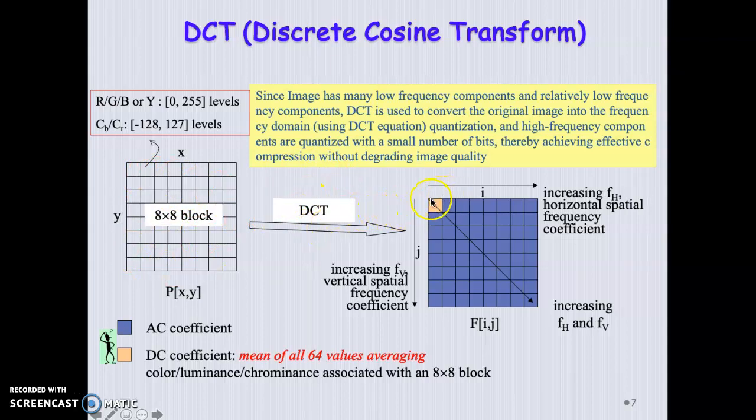Then you will sort the image into the DC and the AC. Once you transform into DCT, your image will be in DC and AC coefficients. The DC coefficient is of all 64 values, averaging the color, luminance, and chrominance associated with an 8 times 8 block.